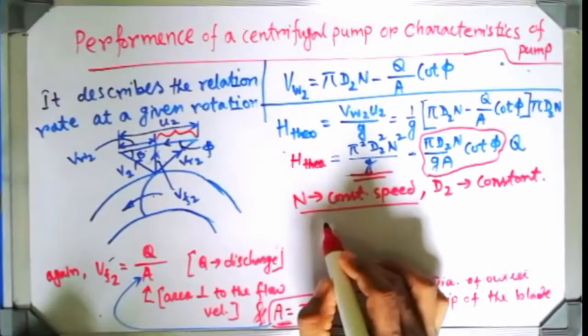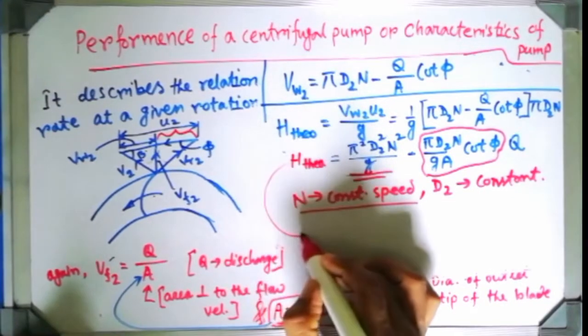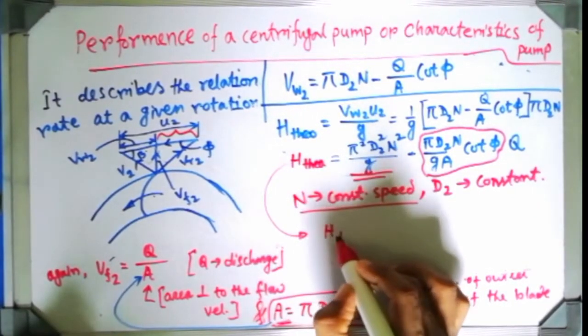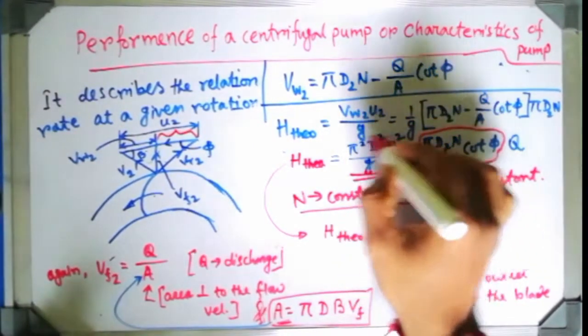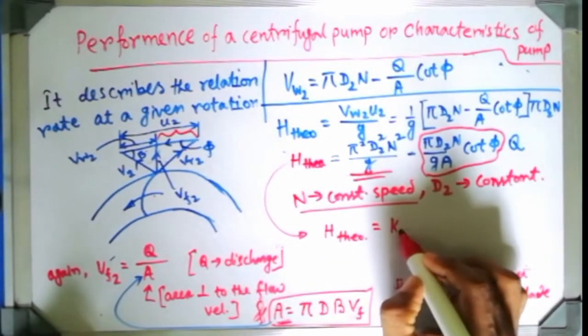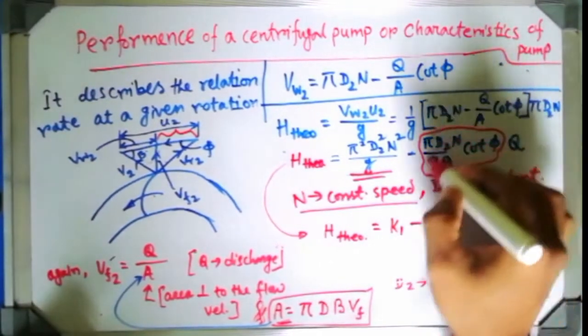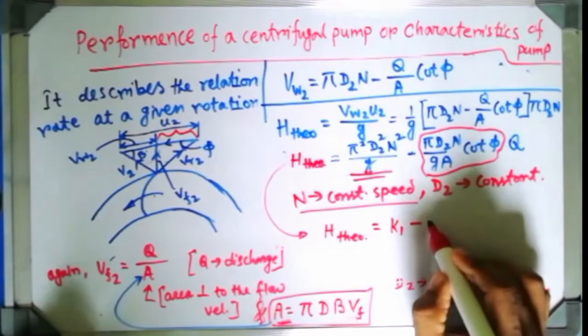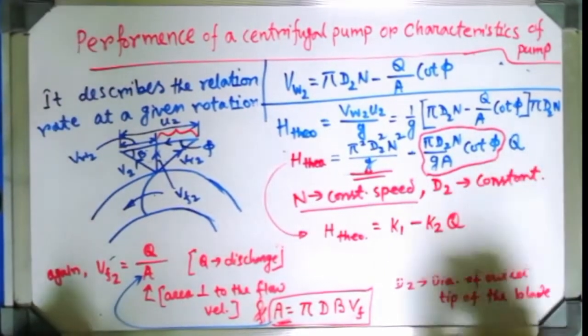So already I have considered N constant. So I express this expression now in this manner. H theoretical can be written, considering this part as a constant, which I denote by K1, and minus this term as a different constant K2, and Q will be there.